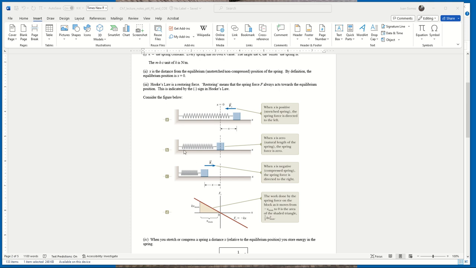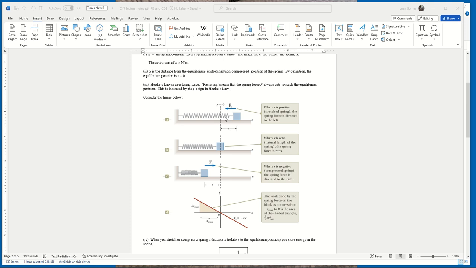And again, in this figure, part B is when the spring is at its equilibrium position, i.e. its natural length, meaning in panel B, the spring is neither stretched nor compressed. In part A, the spring is stretched a distance of x in the positive x direction, and the restoring force, the spring force, is directed in the negative x direction.